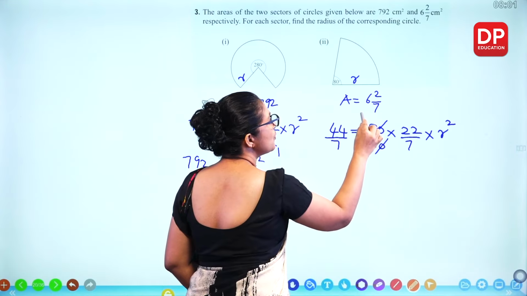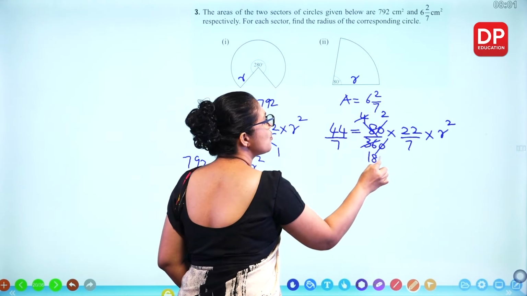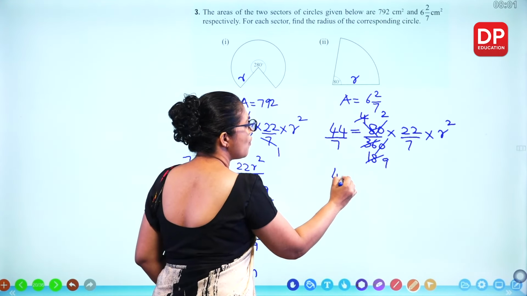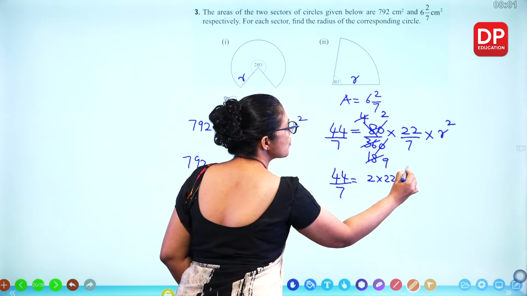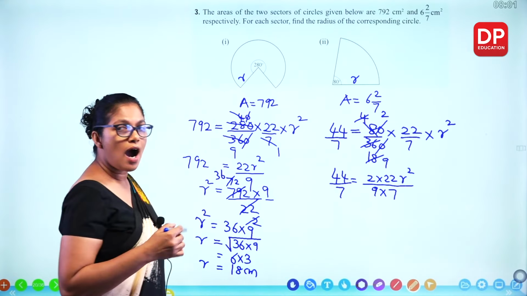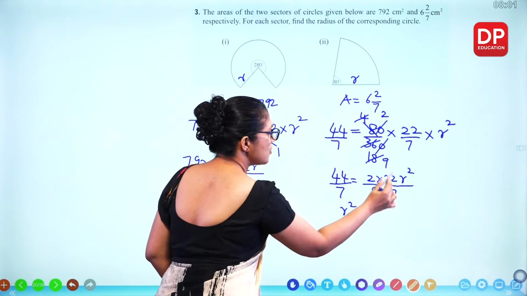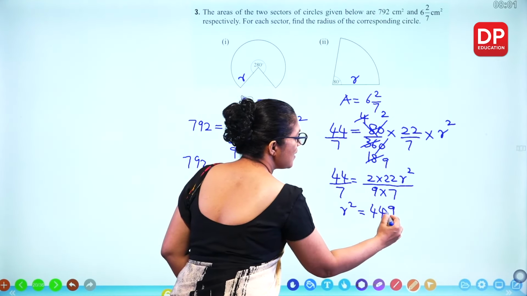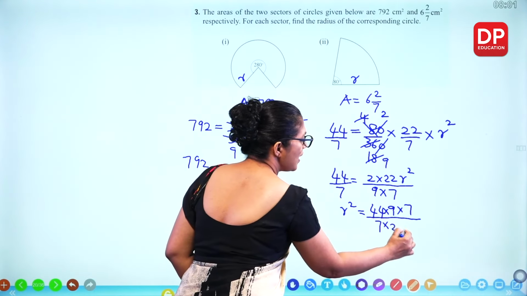Divide by 2, you get 4 and 18. Again divide by 2, you get 2 and 9. Now rewrite this. You get 44 over 7 is equal to 2 times 22 r squared over 9 times 7. Now make r squared the subject of the formula. r squared you get 44 multiplied by 9 and 7, divided by 2 and 22.